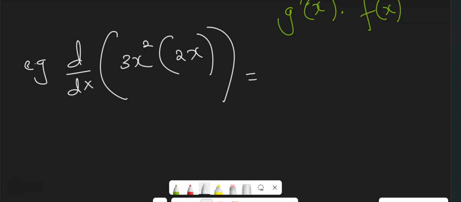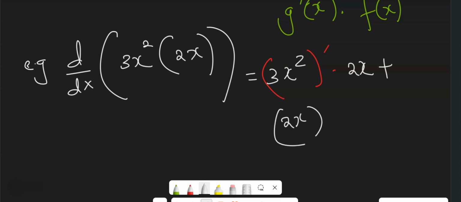You take the derivative of the first function, that is 3x squared, multiplied by the second function, that is original, then added to the derivative of 2x, then multiplied by the original first function, 3x squared.